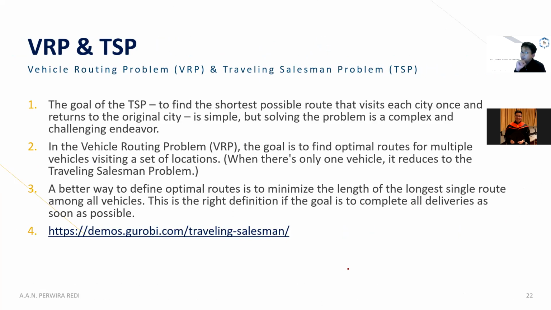So it is also one of the most popular problems being used in the teaching environment, because it provides, how to say, many applications in the industry. And I myself also have several research projects related to VRP and TSP.